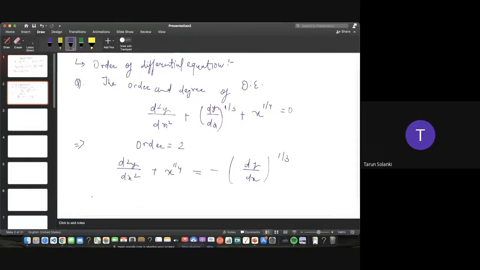So we can write (d square y dx square plus x to the power 1 by 4) whole cube, equal to minus dy by dx, which shows the degree of the differential equation is 3. So order is 2 and degree is 3.